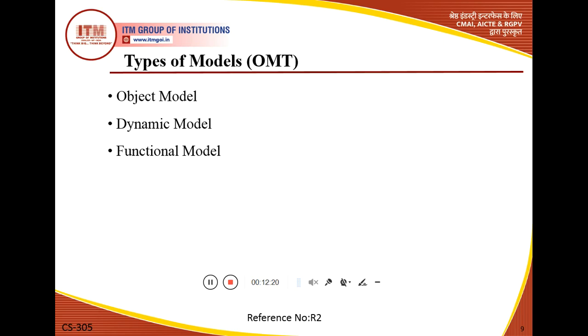Object model describes the structure of objects in a system according to their identity, relationships to other objects, and what operations and attributes are performed on any object. So it will provide the general framework of the overall object. So this is the object model.